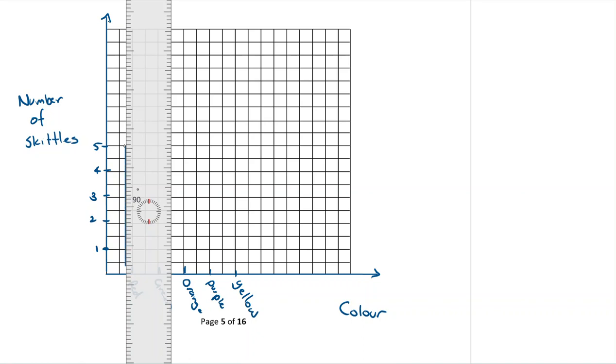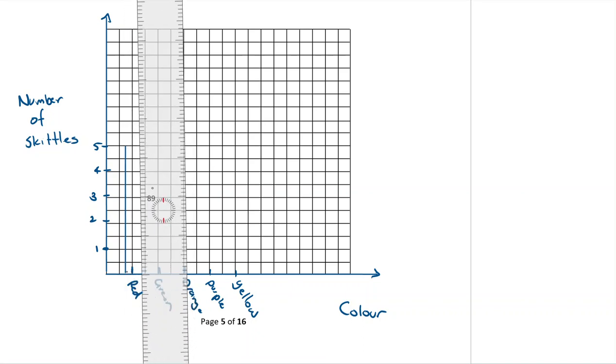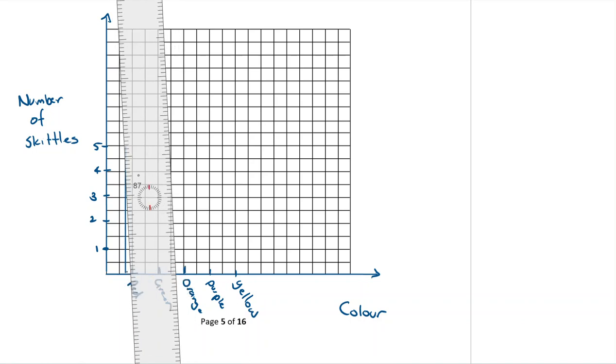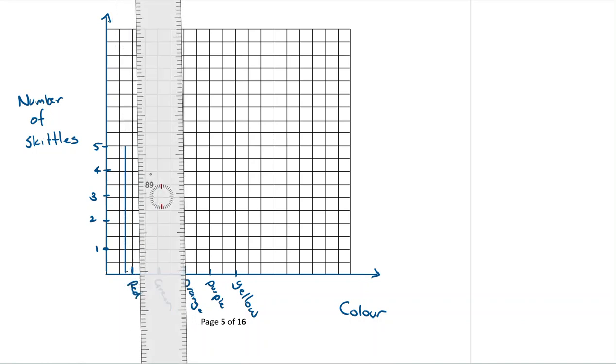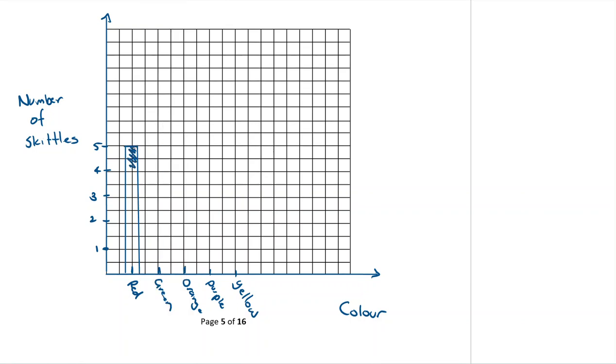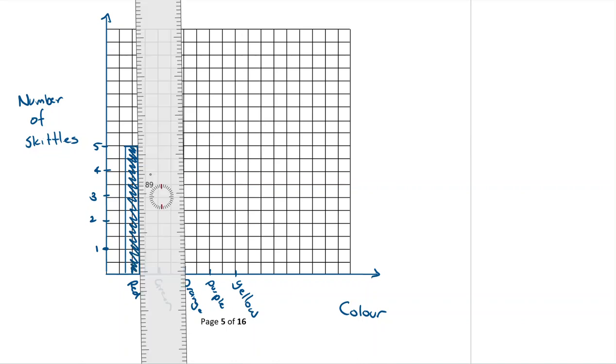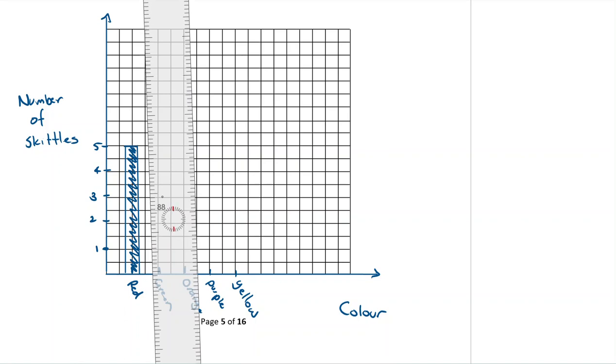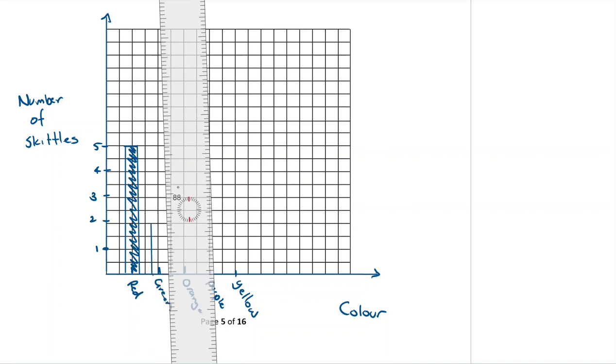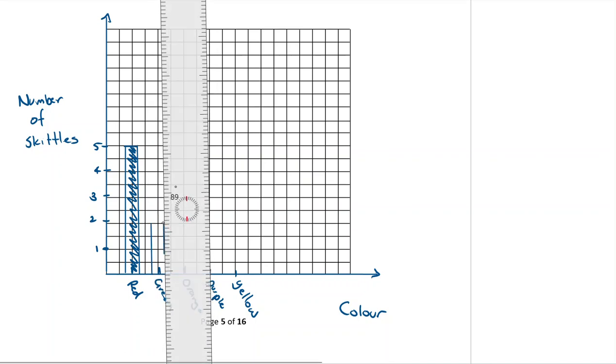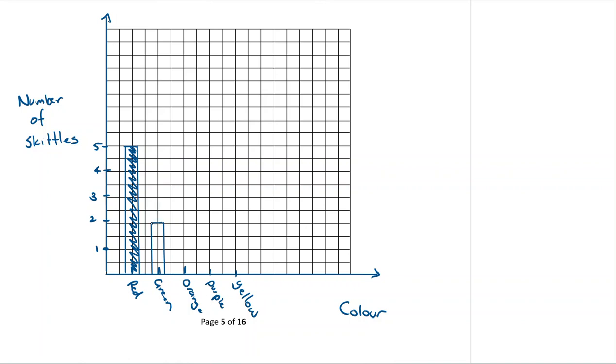You might have a different number. There needs to be a gap in between each one of these columns. Color that column in. Then moving on to green, I had 2 of them. So half a space before the green and half a space after the green. Orange, I had 5.